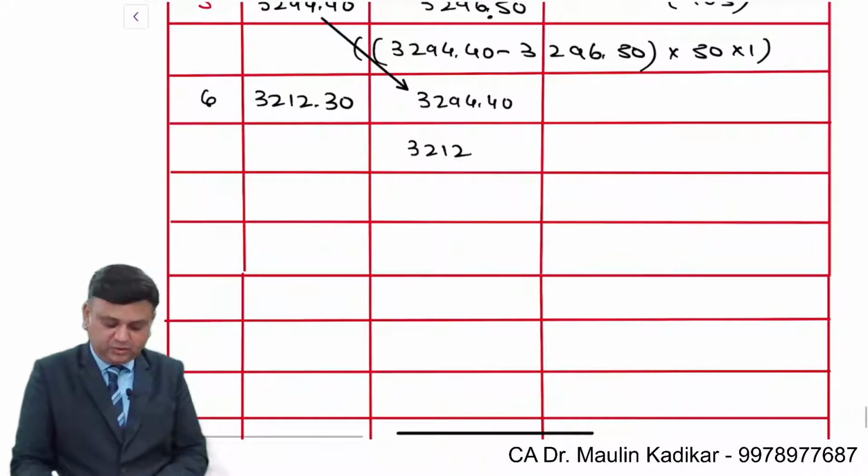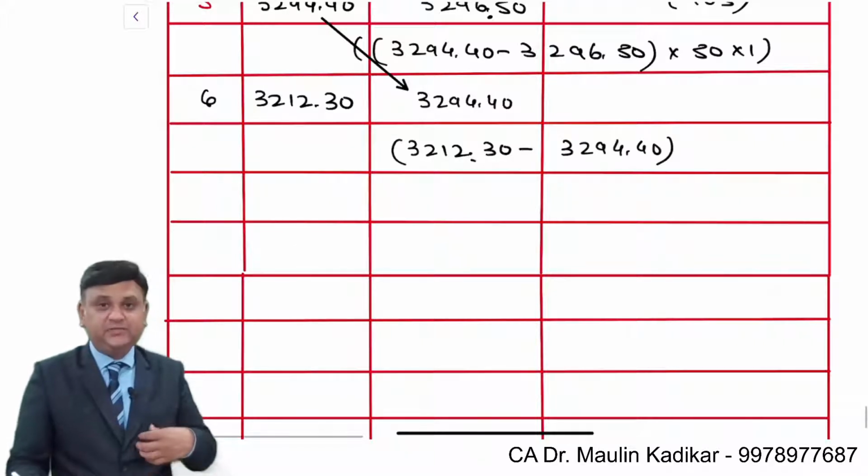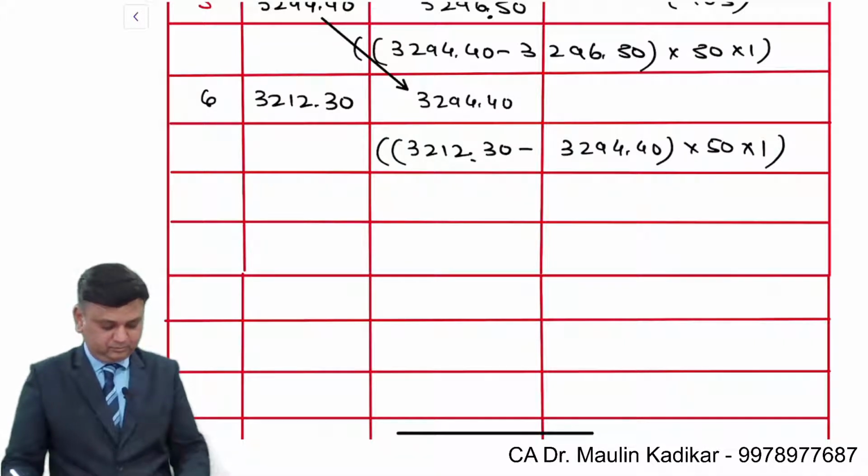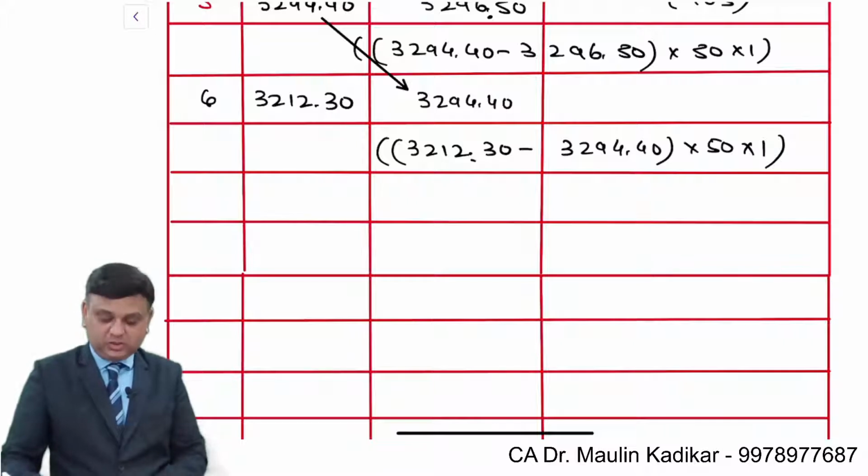So 3212.30 minus 3294.40, difference into 50 into lot size is 1. So in that case 3212.3 minus 3294.4, difference is 82.1 into 50, so loss of 4105.